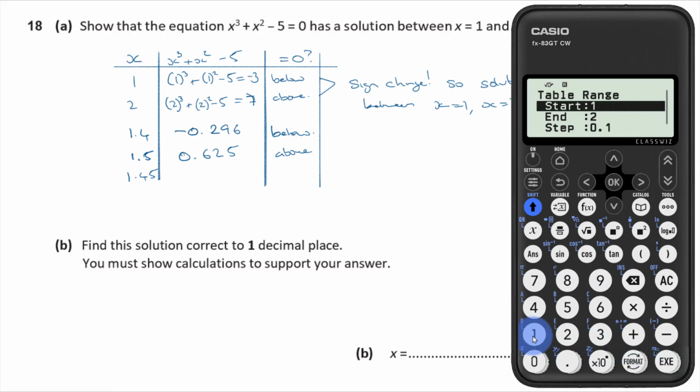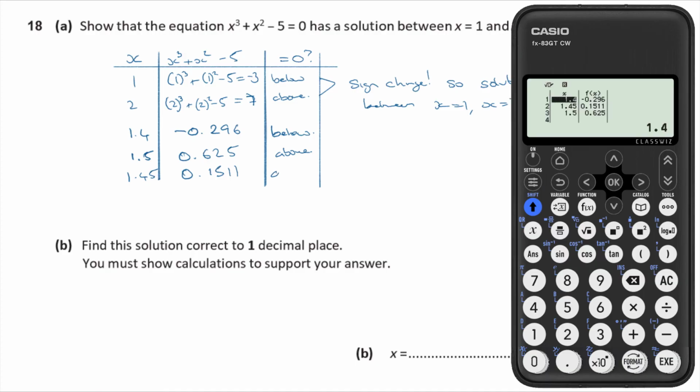So this time I'm going to change the table range from starting at 1.4, going up to 1.5, and going up in steps of 0.05. Now when I press execute, you'll see I get the answers 1.4, which I already had, 1.5, which I already had, but between them, more importantly, I've got 1.45, which gives me the value of 0.1511.